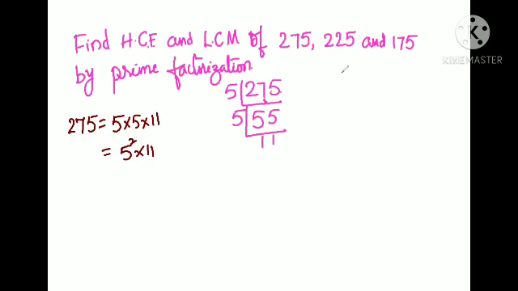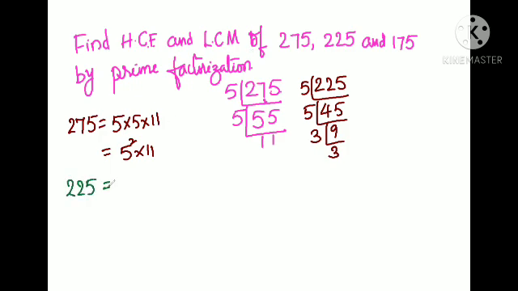Now take 225. 5 4s are 20, 5 5s are 25, 5 9s are 45. Now take 3, 3 3s are 9. So 225 can be written as 5 square, 5 two times, into 3 square, 3 two times.